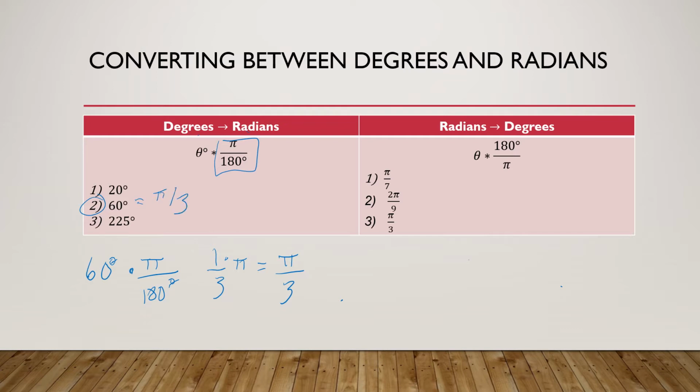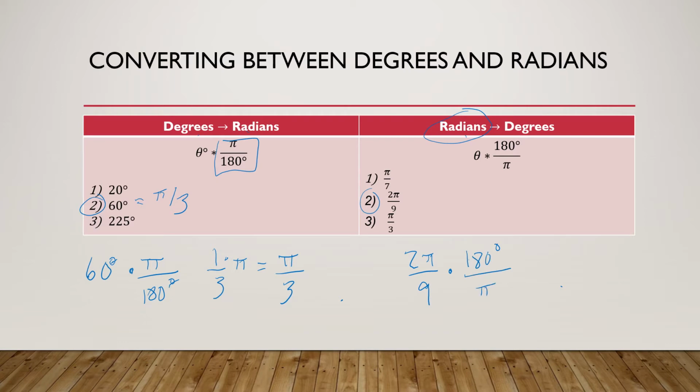All right, I'll do likewise, going from radians to degrees. Same thing, we still use the fact that 180 degrees is equivalent to pi radians, but now since we're trying to cancel radians, pi is our denominator. So let's say we're doing this 2 pi over 9 here. 2 pi over 9 times 180 degrees over pi.